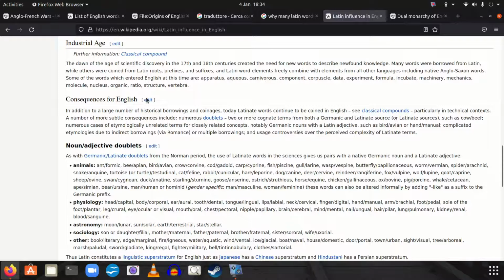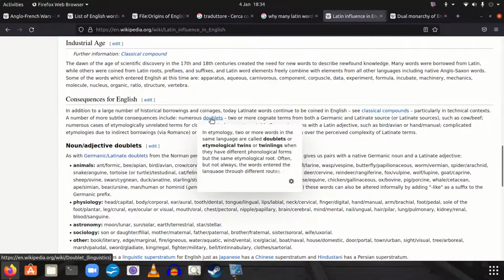Also, a consequence for the English, this part is very nice. In addition to a large number of historical borrowings and coinage, today Latinate words continue to be coined in English. See classical compounds, particularly in technical contexts. A number of more subtle consequences include numerous doublets. What are the doublets?